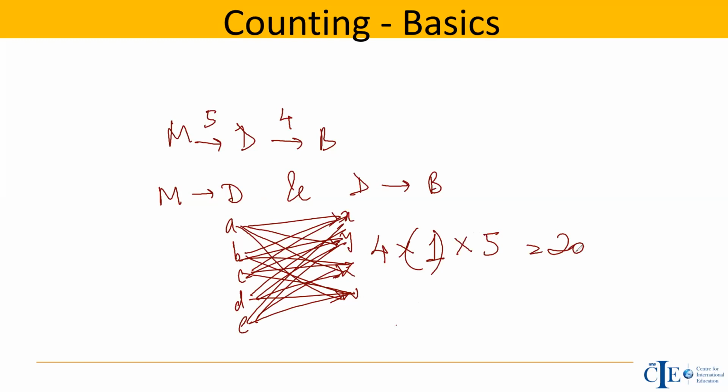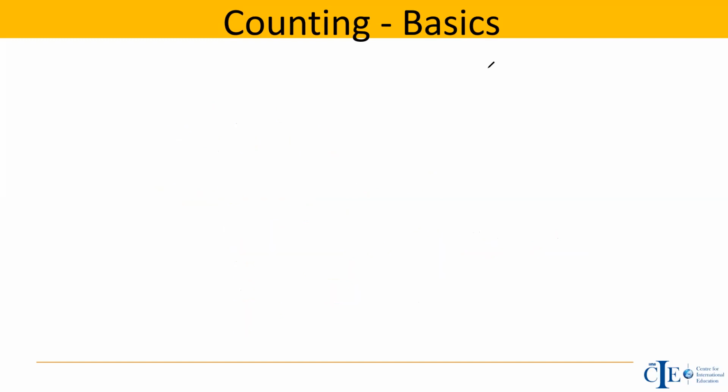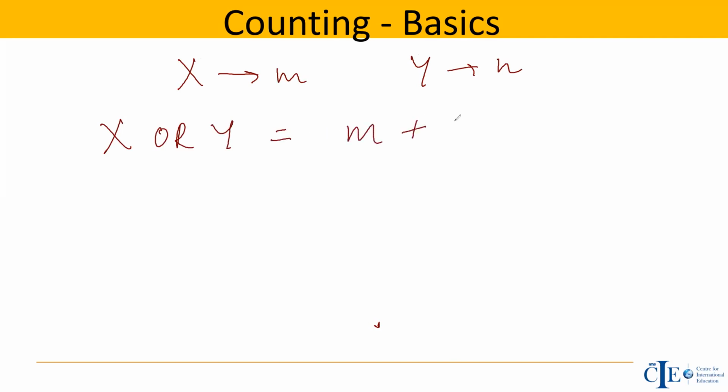So the rule is, and this is what the GRE questions would try to test you on. If there's a job X that you can do in M ways, and there's another job Y which you can do in N ways, then the number of ways in which you can do X or Y is M plus N. And then if you have to do X first and after that Y, then it is M into N, right?